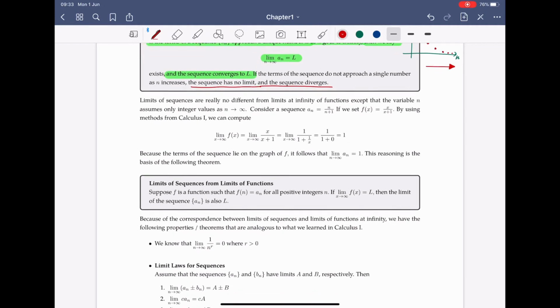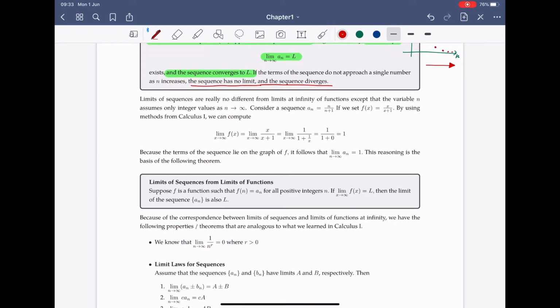First of all, you can extend the domain from n to x and use L'Hopital's rule and just compute the limit as you did in calculus 1, right? Because if you extend the domain from the natural numbers to the real numbers, the behavior at the end will be the same. So it doesn't matter if you do it on the natural number line or the real line.